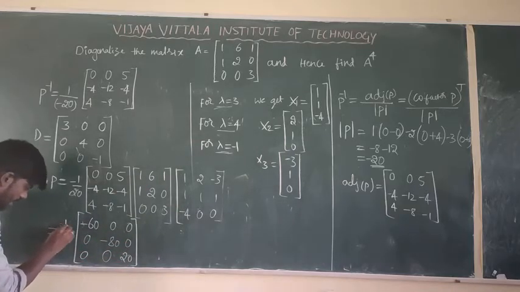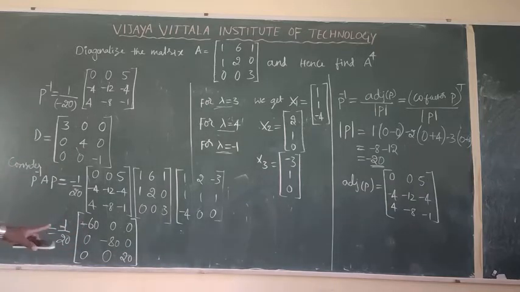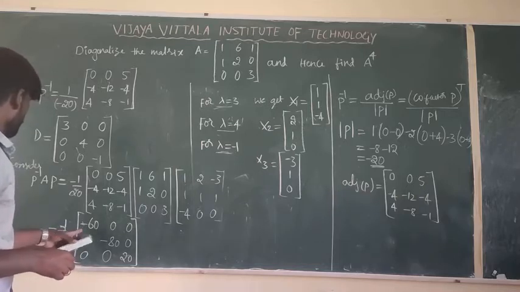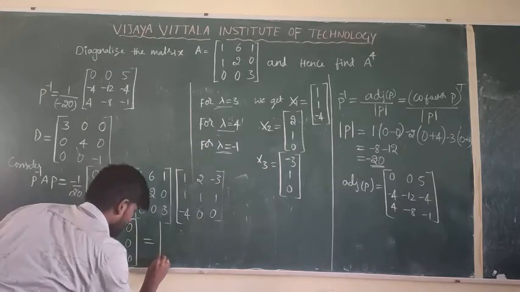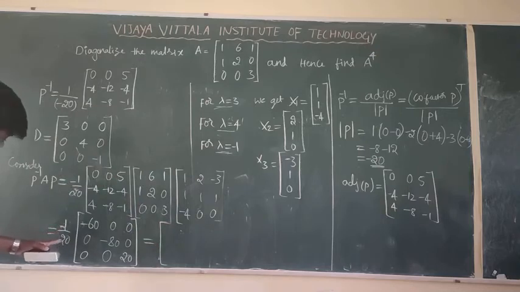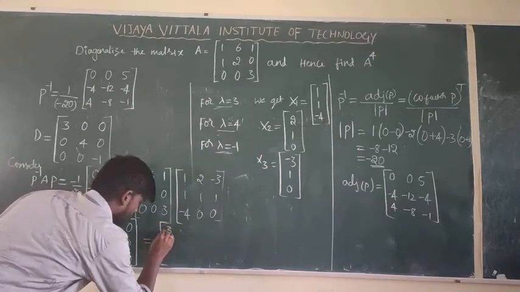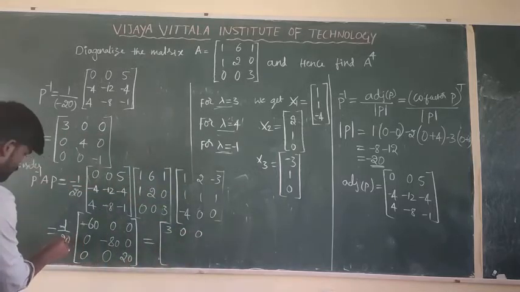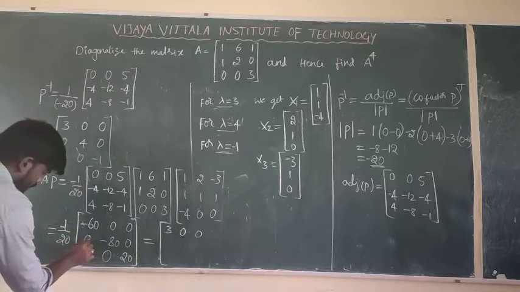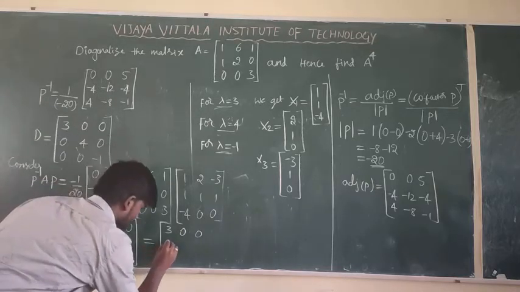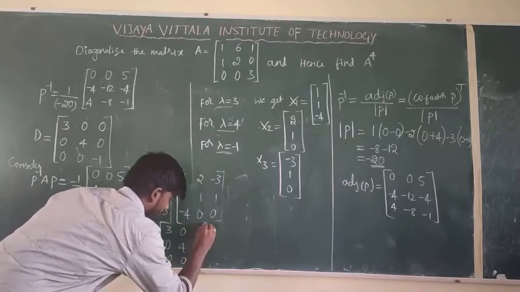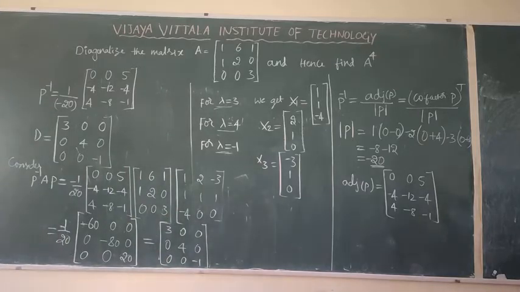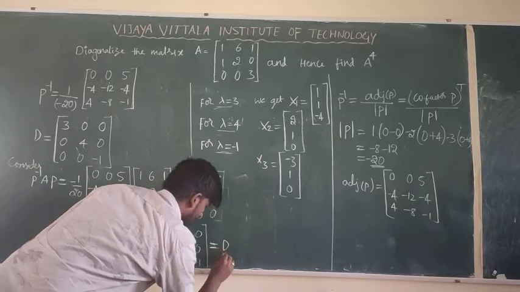Therefore, 20 goes outside, and inside, divided by 20, we get 3, 0, 0, 0, 4, 0, 0, 0, minus 1, which is the diagonal matrix.